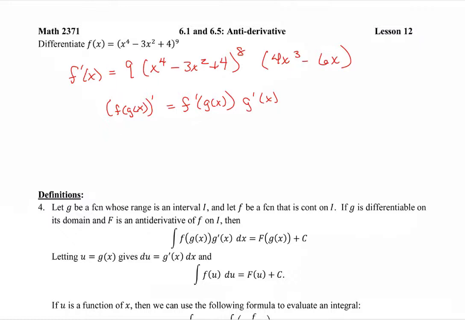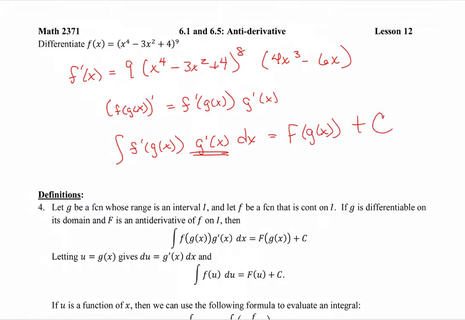So if we want to integrate f prime of g of x, then we have to have the derivative of g of x dx. We have to have this piece there. And what we're going to get is capital F, our original function, with g of x inside, plus c.